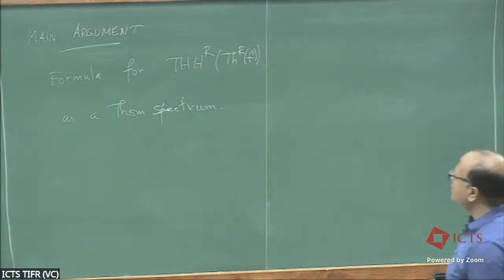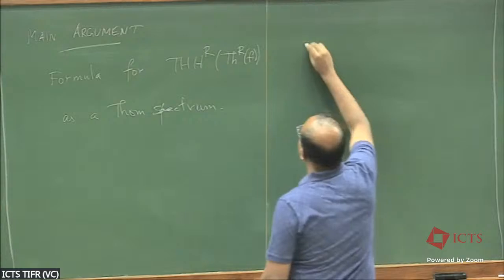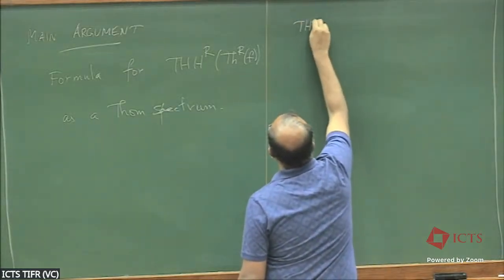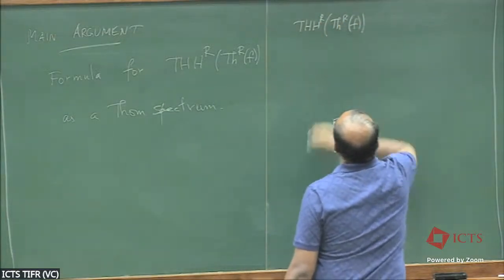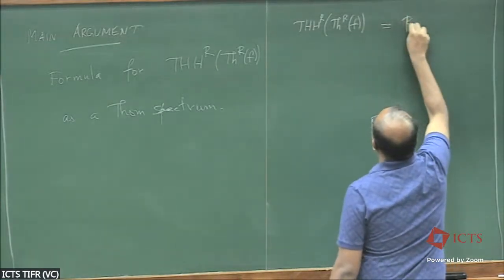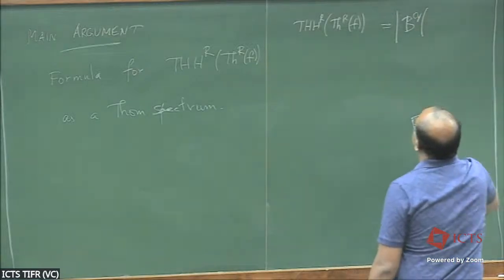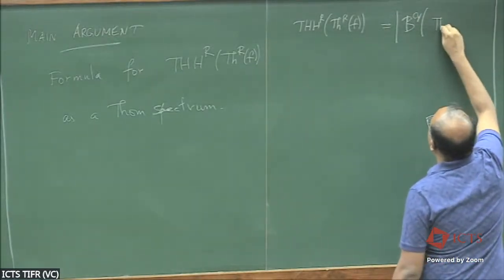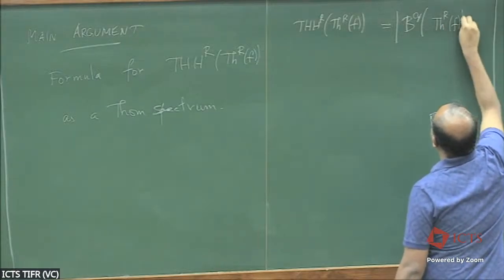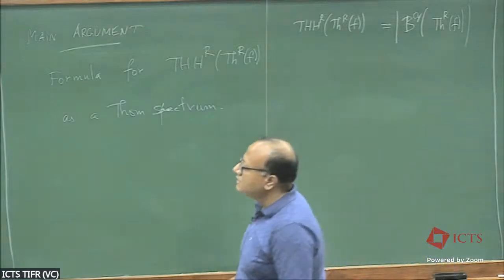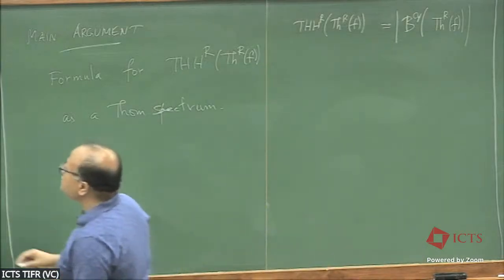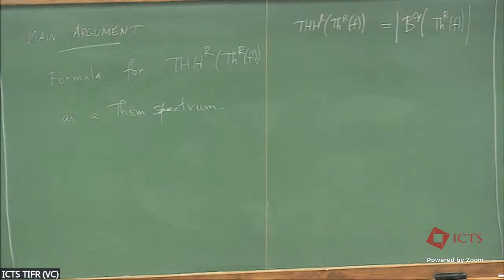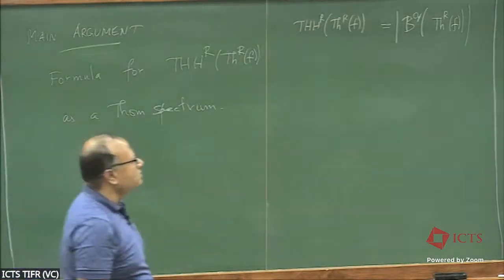Well, remember that if I were to do THH_R of the Thom spectrum, this is the realization of the cyclic bar construction on TH_R of F. We have seen this many times that a symmetric monoidal structure will take the cyclic bar construction to the cyclic bar construction.